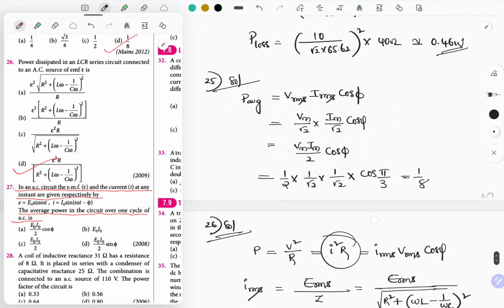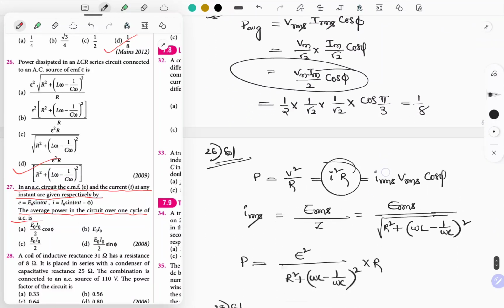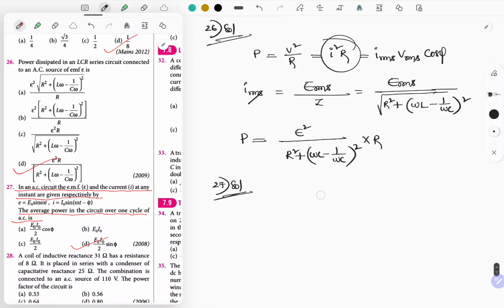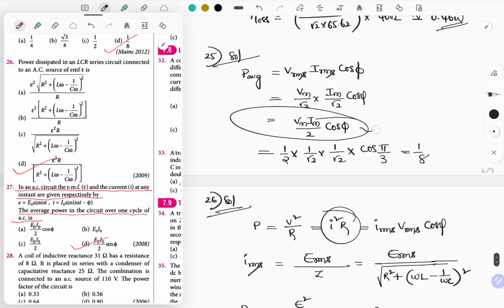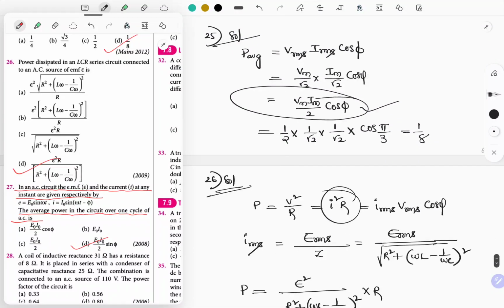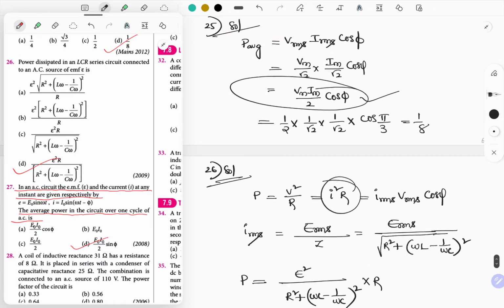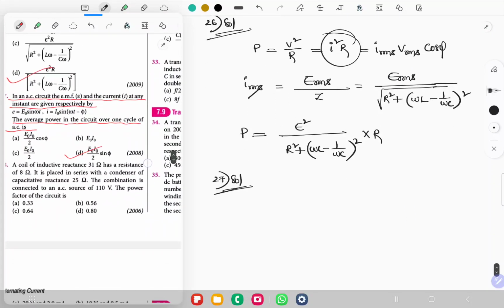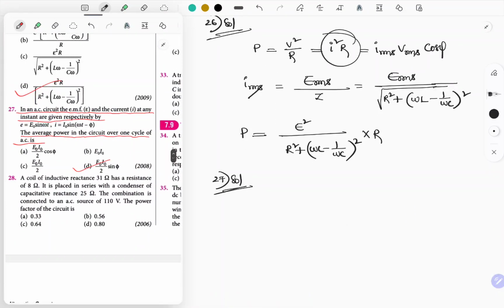The formula is E naught I naught by 2 into cos phi. So this formula is suitable: VRMS is Vm by root 2, IRMS is Im by root 2, into cos phi. So the final answer is E naught I naught by 2 into sin phi.